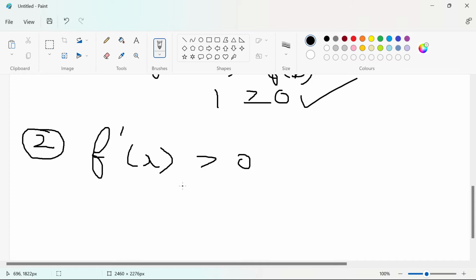Wait a minute, I will give you an example. The interval will be given, and with the x values you got, you should make a number line, like x, y and z if you get, and pick a number between these and check whether it is increasing or decreasing.